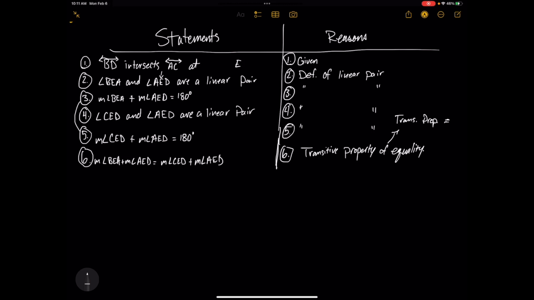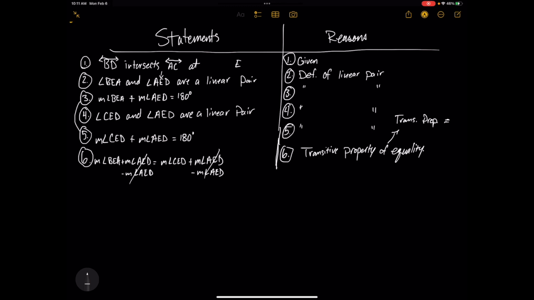The measure of BEA plus the measure of angle. So this is not going to go in the formal proof, but if I were to go like this, minus the measure of angle AED and minus the measure of angle AED, which I can subtract something from both sides and the equality is still preserved, right? This cancels and that cancels, right?